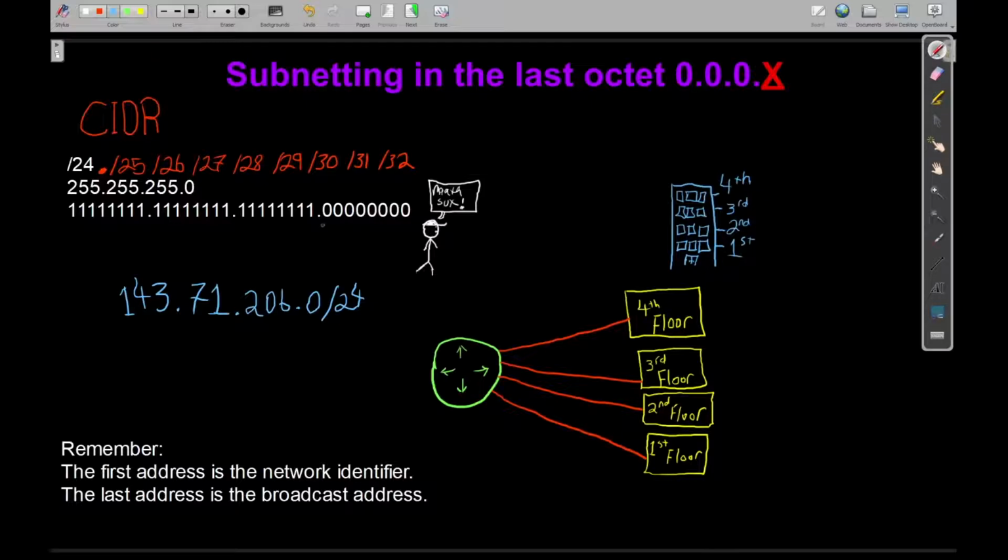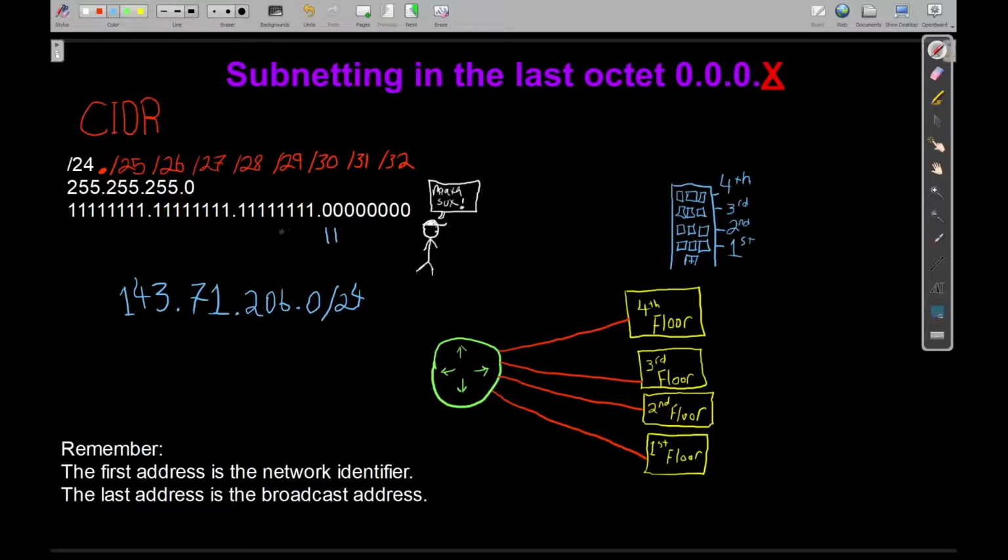So pretty much what we're going to do is borrow bits from the last octet. You can do this 2 ways. You can calculate it if you know the number of networks you need, or you can calculate it if you know the number of IP addresses you need. Let's say we're going off the number of networks we need. We need 4. And that would look like this, with the rest zeros.